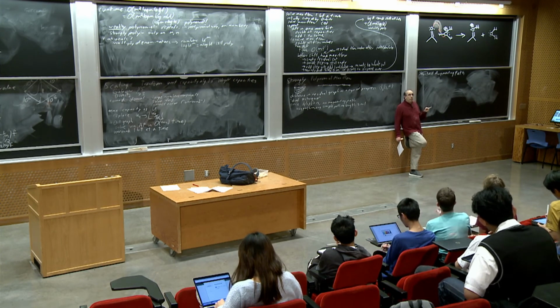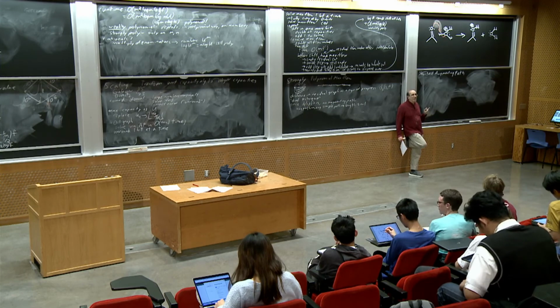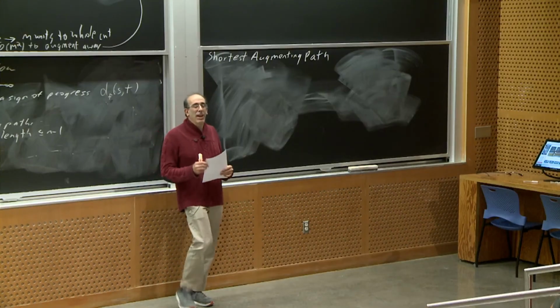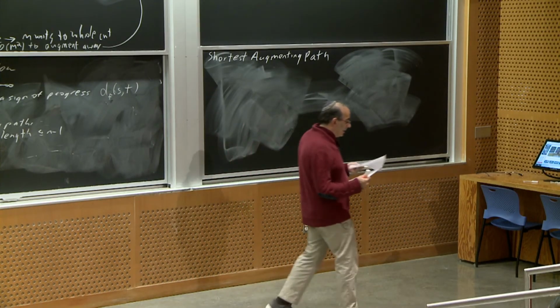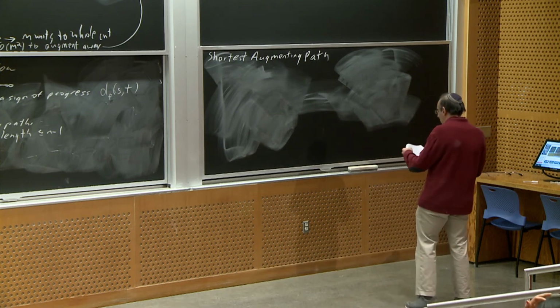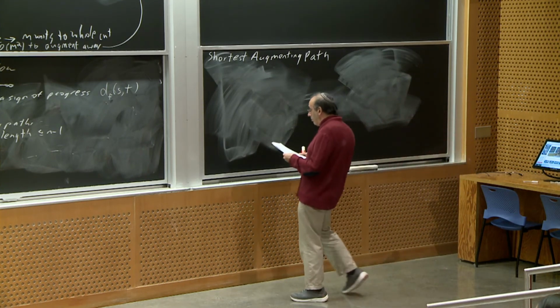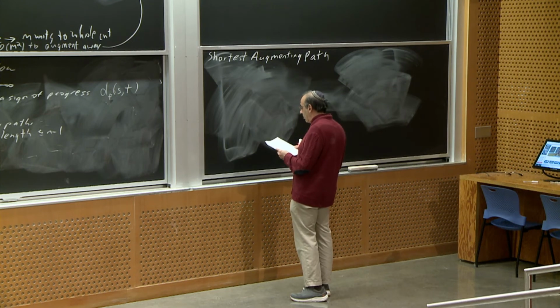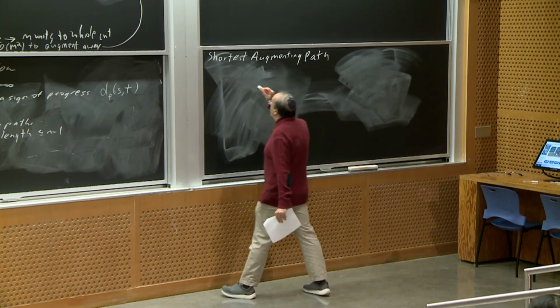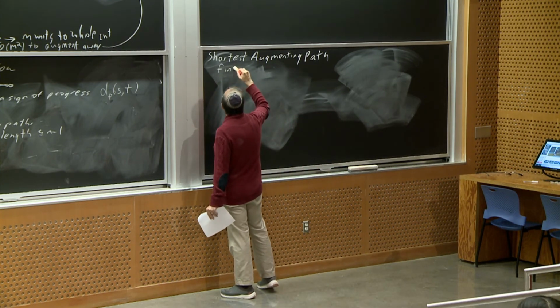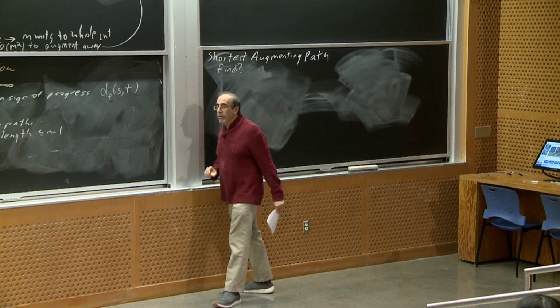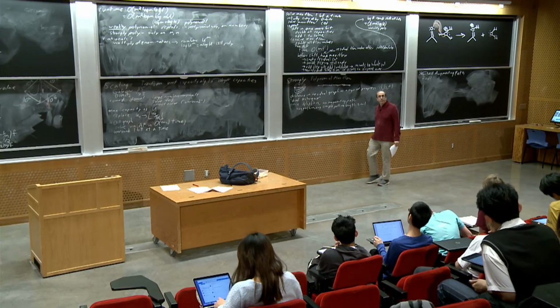What could go wrong? Well, maybe you create a different short path, right? And that's where the work of analyzing this algorithm is, to show that you don't create short paths as you're destroying short paths.